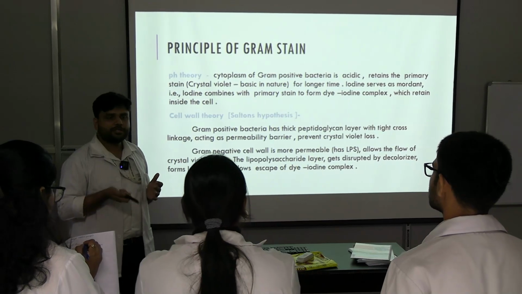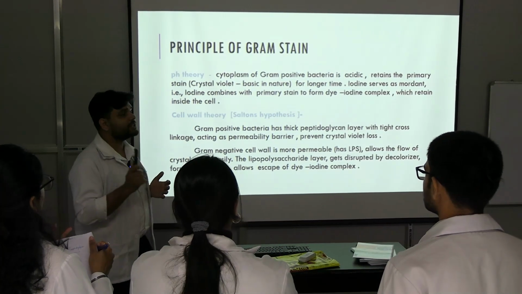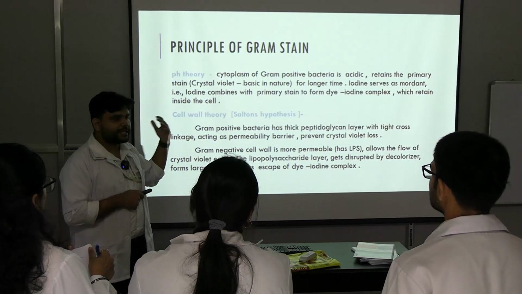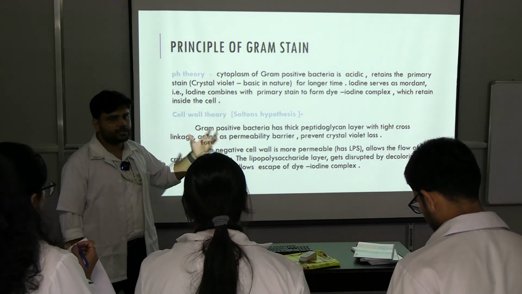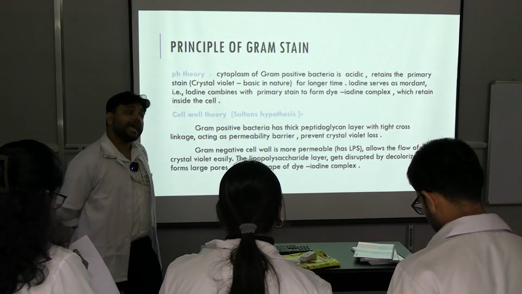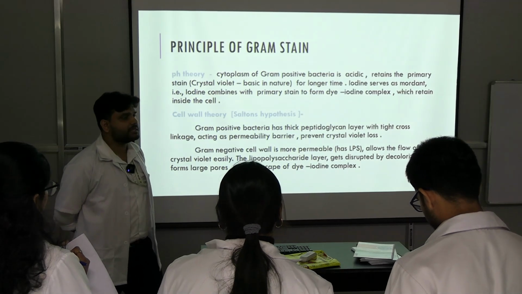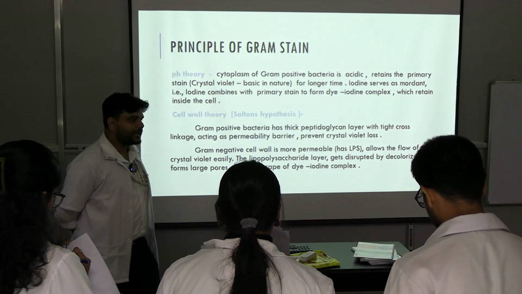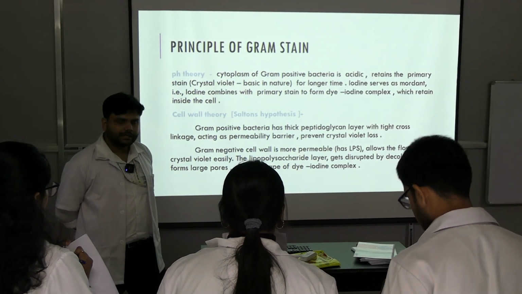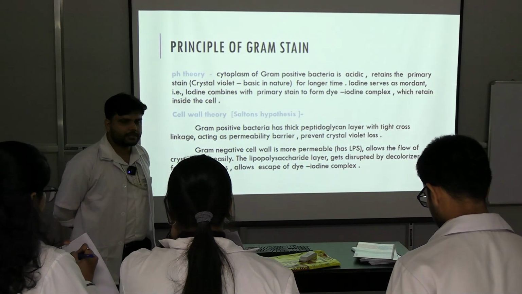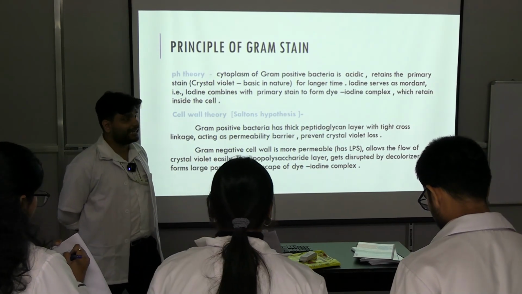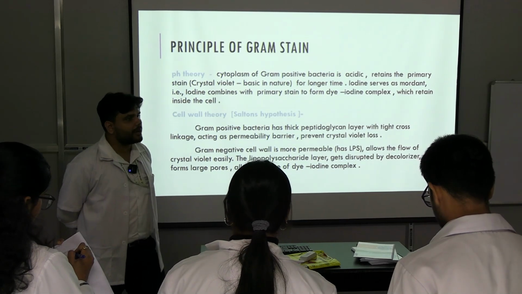Gram positive has teichoic acid while gram negative does not. Anything that gram negative has but gram positive does not? LPS, lipopolysaccharide, is present in gram negative but absent in gram positive. Anything else? Porins and periplasmic space. Periplasmic space and porins are present in gram negative, but absent in gram positive.